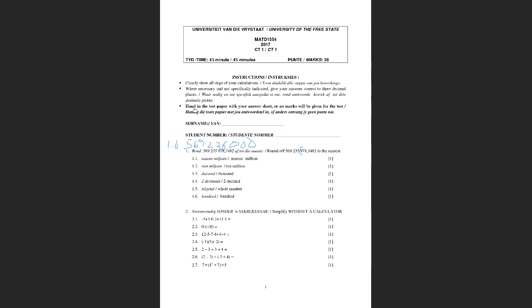If we add 1 to the 9, we will get 10. We cannot write 10 there. So we carry the 1 forward, then we get 6. Does it make sense? Yes, sir. It does make sense.